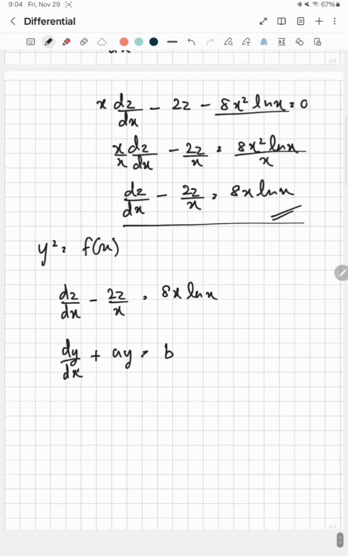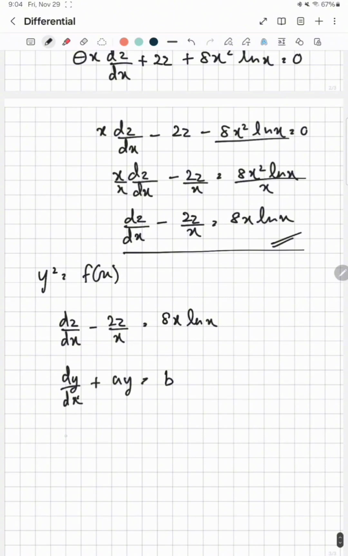The way of solving this is, your first step is y into e to the power of the integration of the coefficient in front of this letter. It can be y, it can be z, whatever it is.